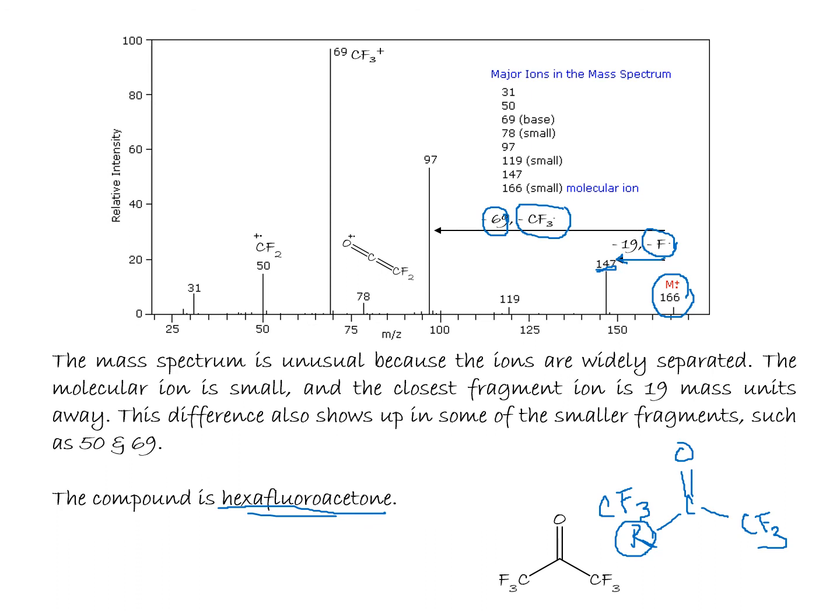Okay? And in the fragmentation, the fragment at 69 is CF3+. The fragment at 78 is C=O=CF2, and the peak at 50 is the CF2 cation radical.